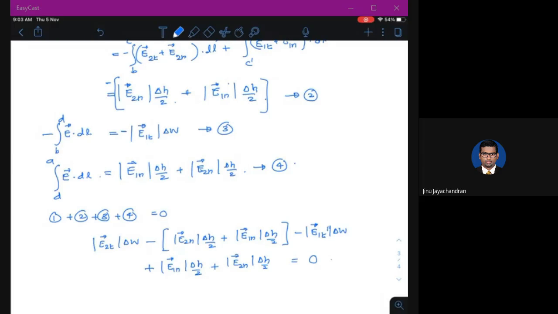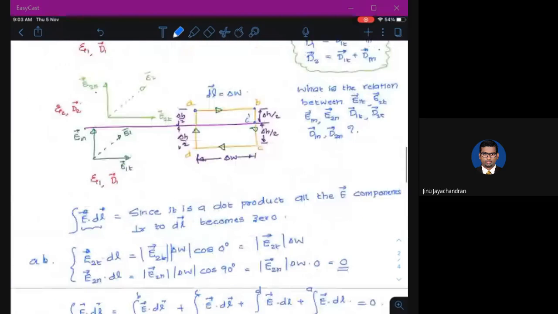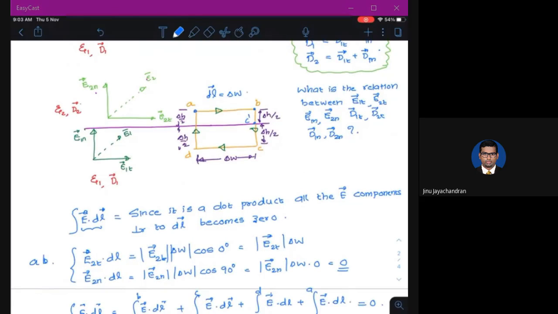Fine. Now we are going to make an approximation. If you see this rectangular path, what should be done to make this rectangular path equivalent to a boundary? Basically, you want to make this rectangular path a straight line. What should we do? If you decrease this height from both ends, meaning if you make delta h tend to 0, the path shrinks to the boundary.